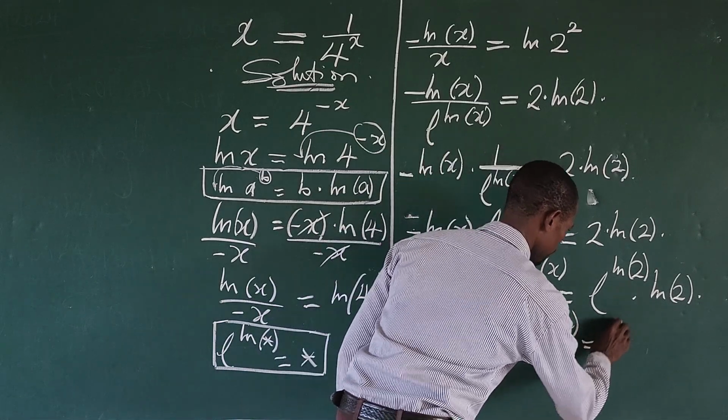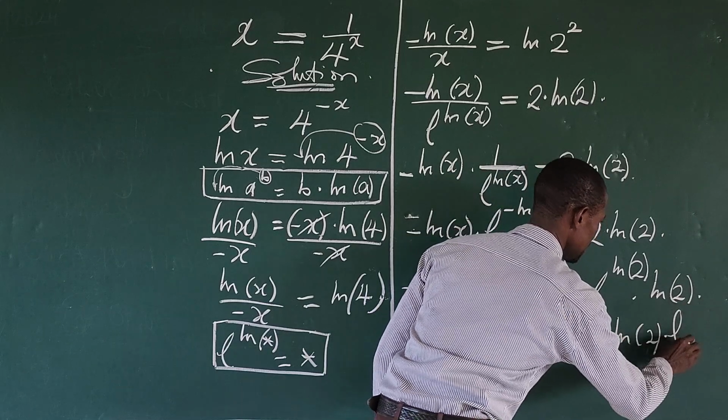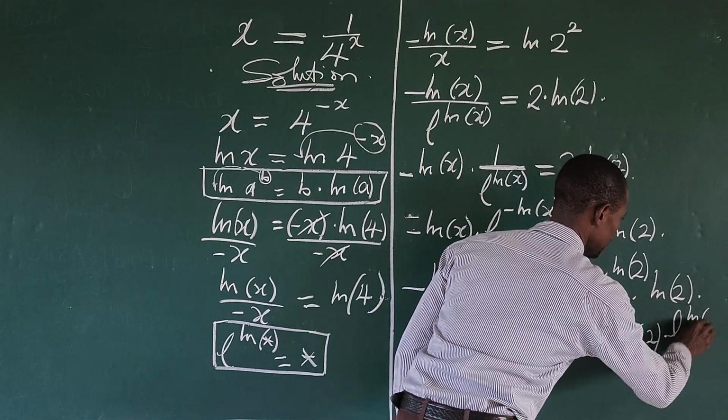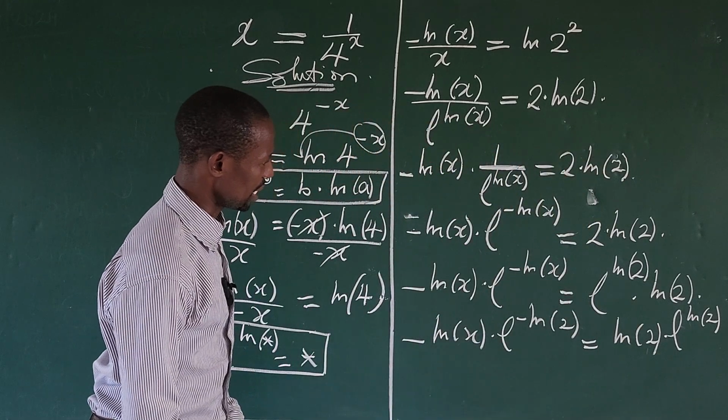This is equal to e to the power of ln of 2 times the ln of 2. If we rearrange this system, you're going to see that this gives us minus ln of x times e to the power of minus ln of x. This is equal to ln of 2, which is this, times e to the power of ln of 2.